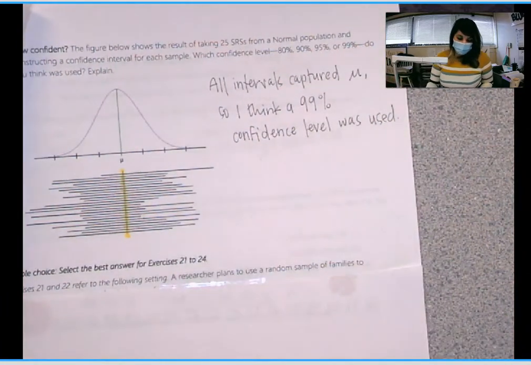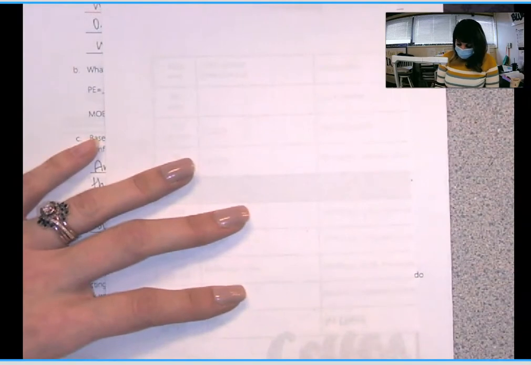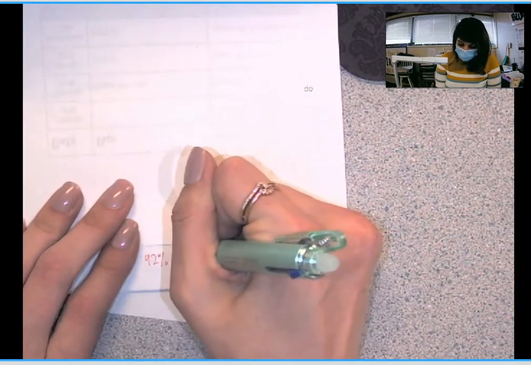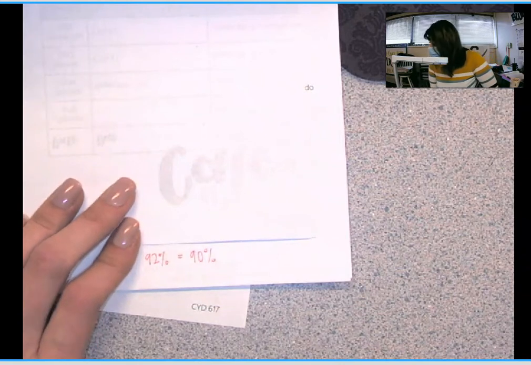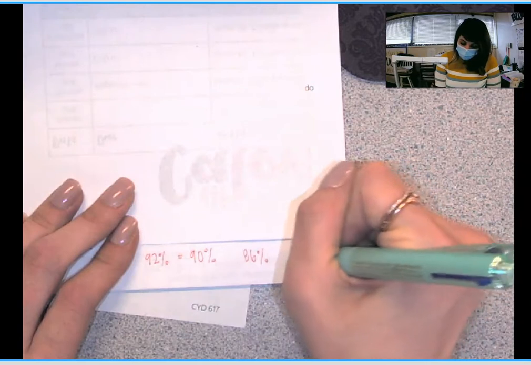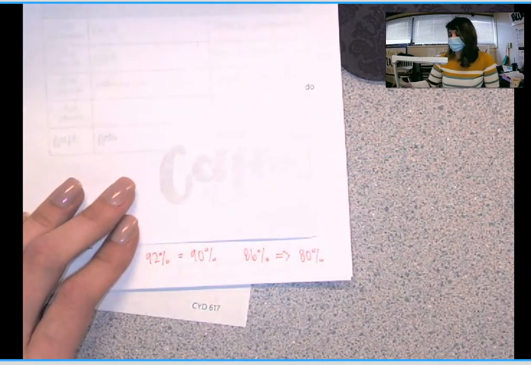So let's say on this problem, you get that it's 92%. Then you would say that's a 90% confidence interval. Let's say you get 86%. You would say that's an 80% confidence interval.